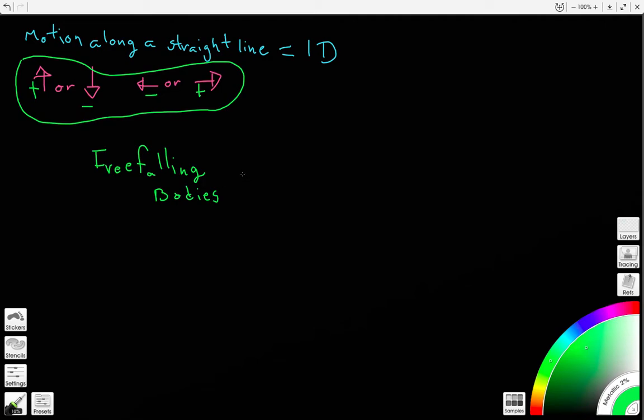So this subtopic will be covering two specific examples of free falling bodies. One in terms of vertical throw, and the other subtopic will be free fall. These are subtopics, but they are basically the same thing. We'll be using the exact same equations in these two topics.